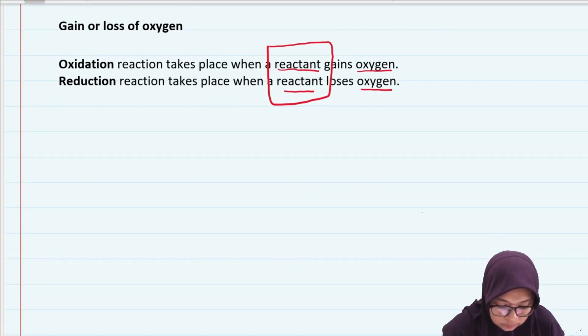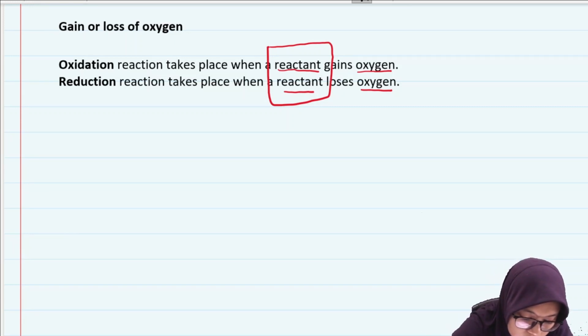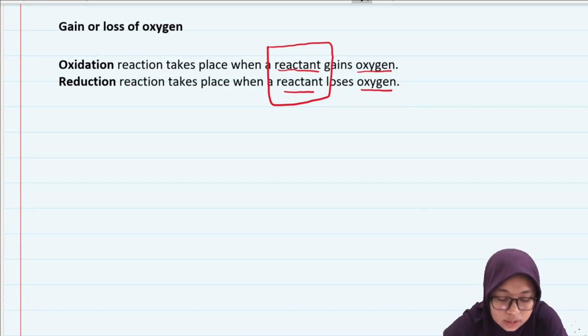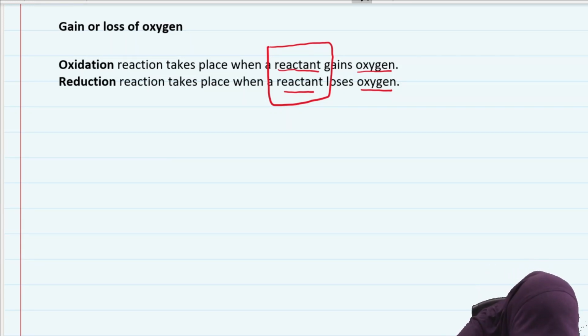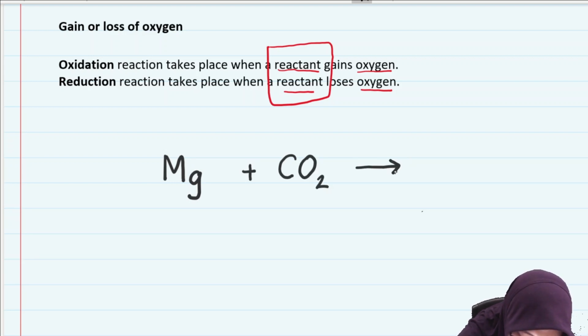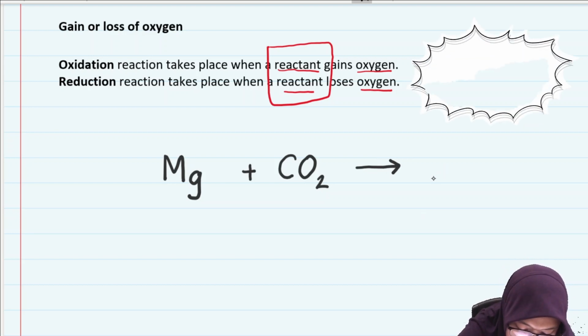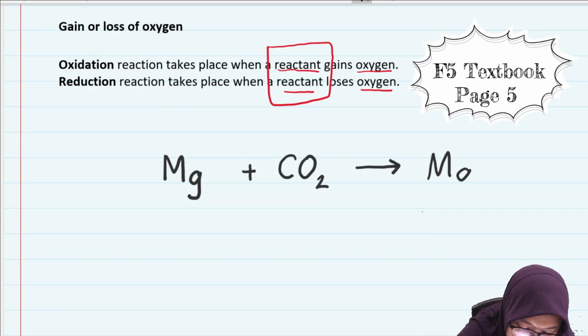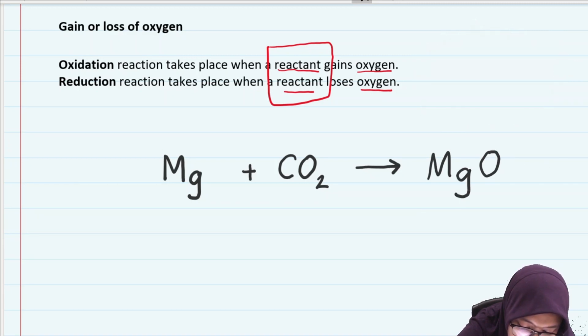Okay, I will give you an example of a reaction same as in your textbook, which is a reaction between magnesium and carbon dioxide. So this reaction is actually in your textbook. Okay, magnesium and carbon dioxide react to form magnesium oxide and carbon.